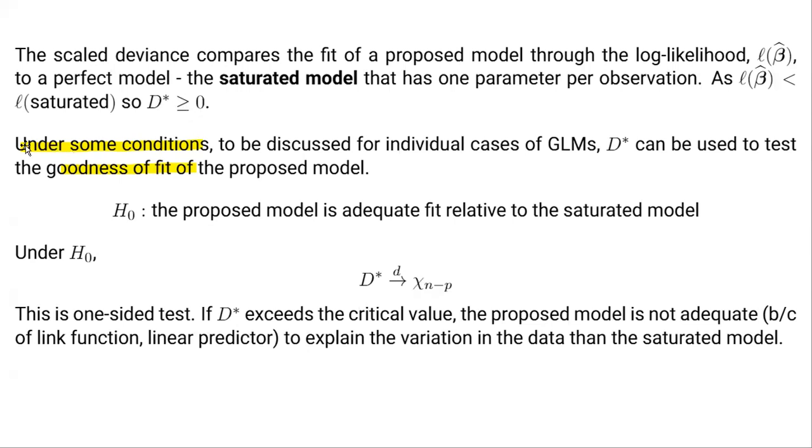And under some conditions, to be discussed for individual GLMs, we can use this scaled deviance to test the goodness of fit, where the null hypothesis is that the proposed model is an adequate fit relative to the saturated model.